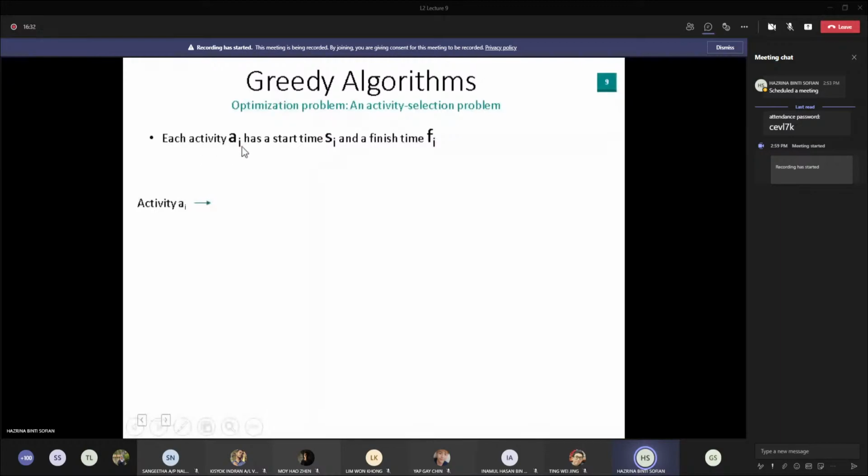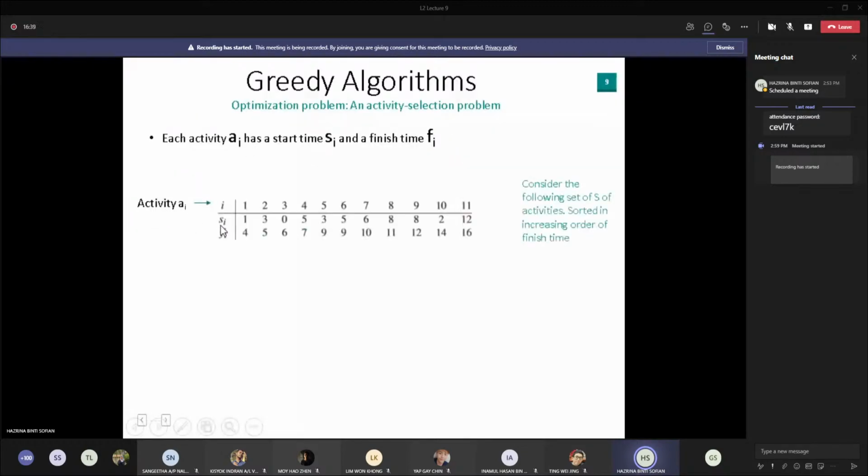Each activity has a start time and a finish time. These are all the activities. There are 11 activities, and for the first, the start time is 1 and the finish time is 4. These 1 and 4 can be hours, weeks, months, or even minutes.